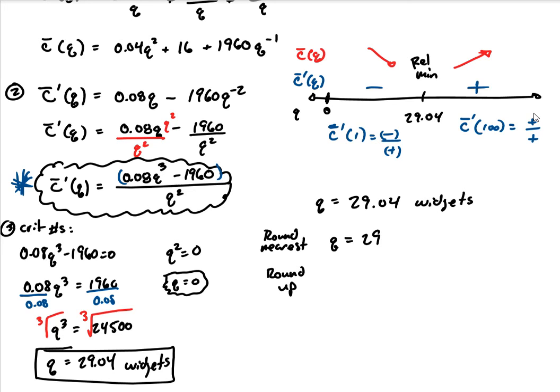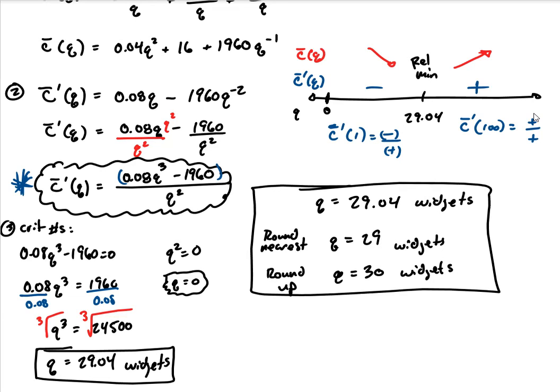If they say round up, because sometimes in business they just round it up to the next whole number, then you would say 30. Okay, so these are all the different answers depending on how they word it. If they say round to 2 decimals, this one. If they say round to the nearest whole number, that's this one. If they say round up to the next whole number, then that's that one, 30.